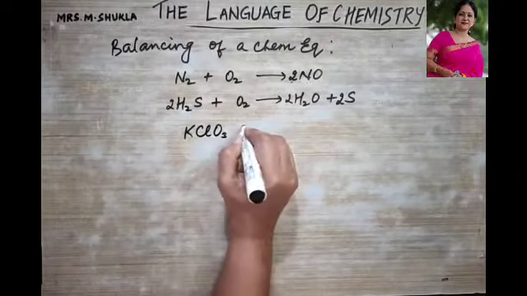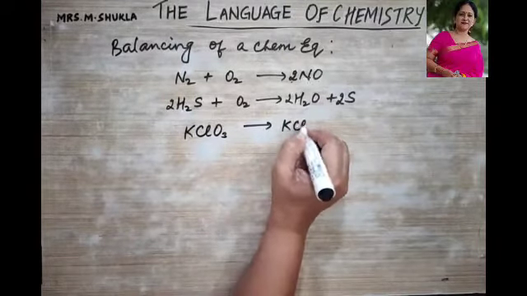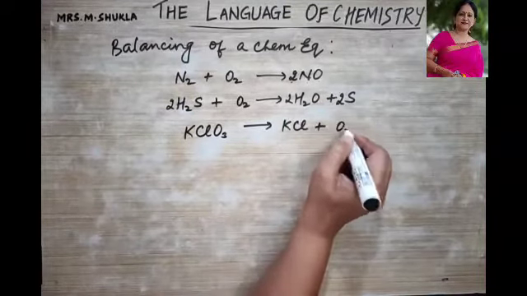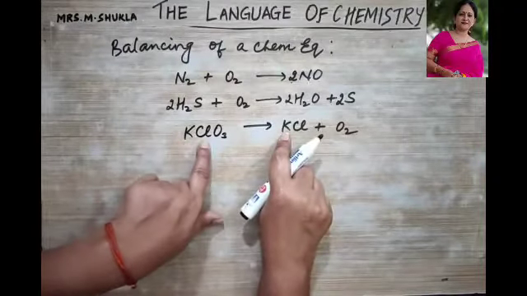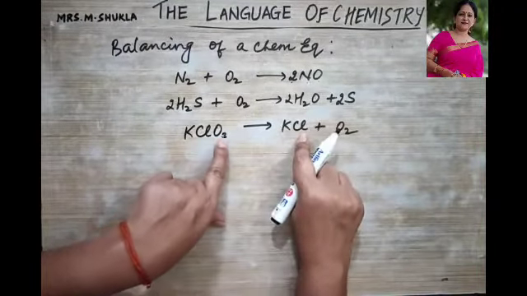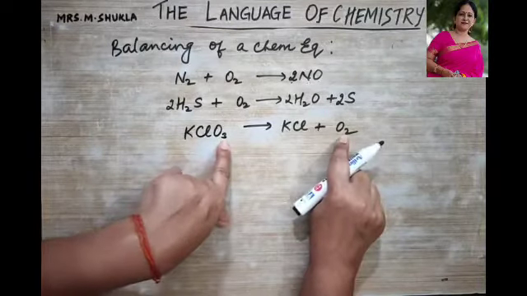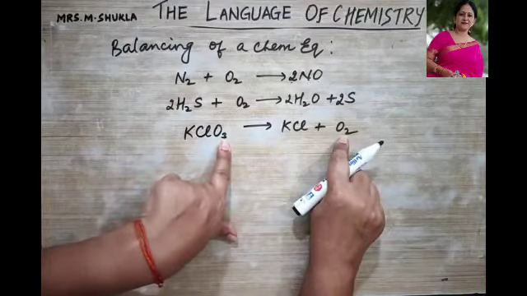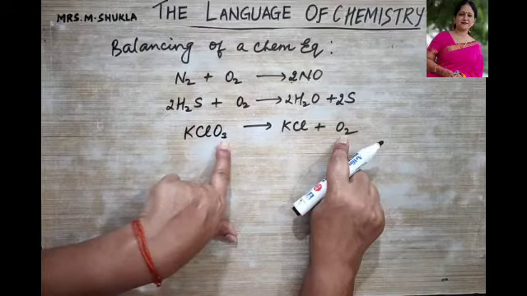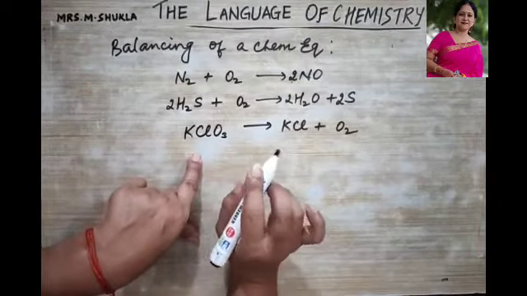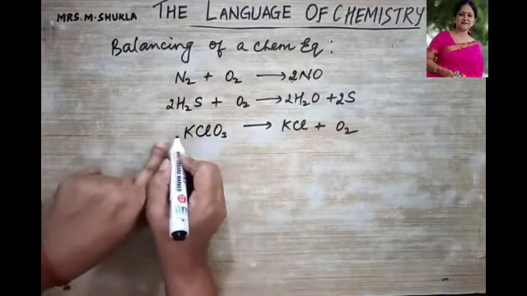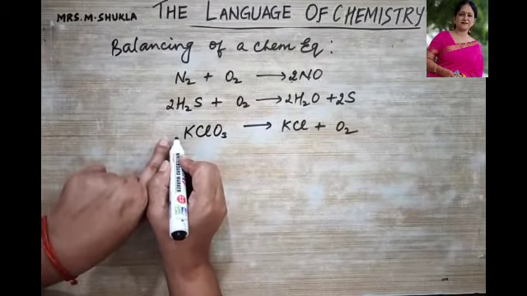KClO3, this on heating gives KCl plus O2. 1 potassium, 1 potassium, 1 chlorine, 1 chlorine. 3 oxygen here and 2 oxygen here. So what can I do about this? You are not going to insert any number in between. Remember, the number has to always be written in front of the compound.